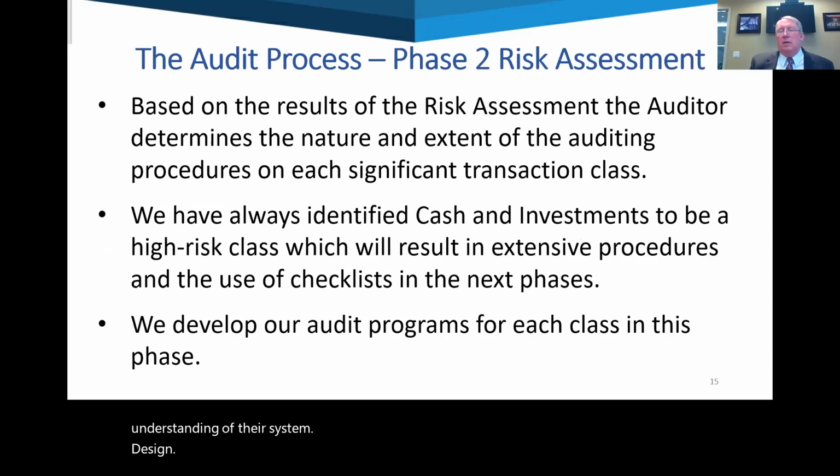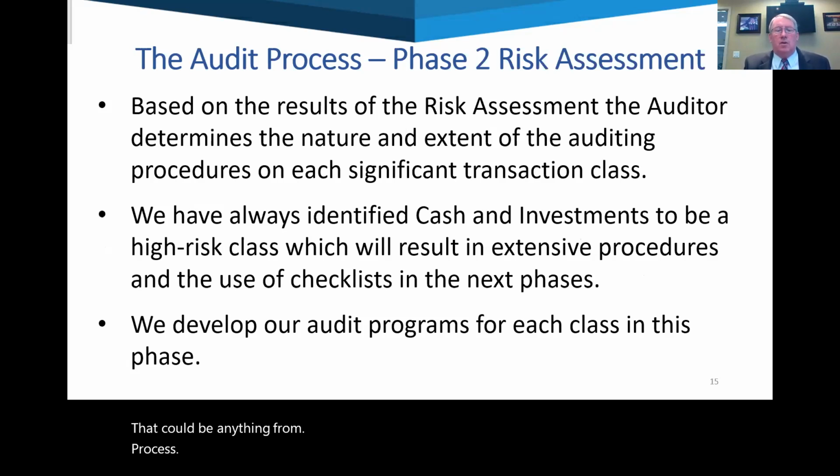Based on the results of what we did, we figure out each year what we are going to audit based on the risk assessment. And that could be anything from things that we've seen during that initial process where we used all those checklists to find out how you operated, what your system of internal controls is. But how are we going to audit?